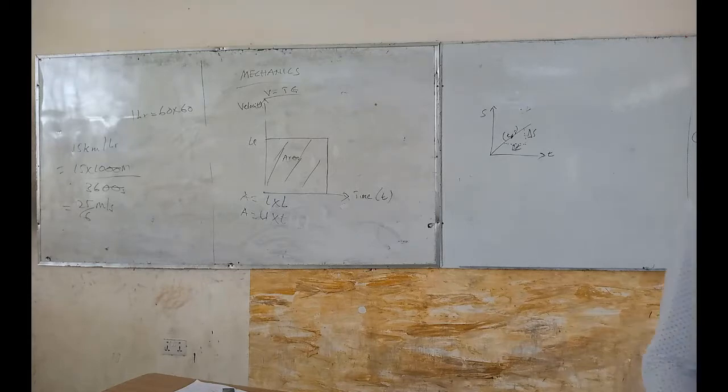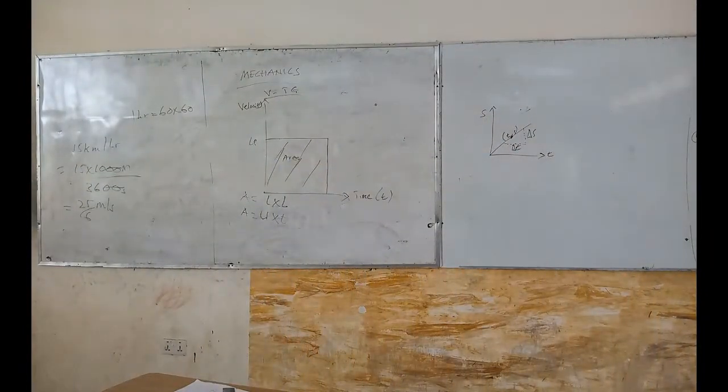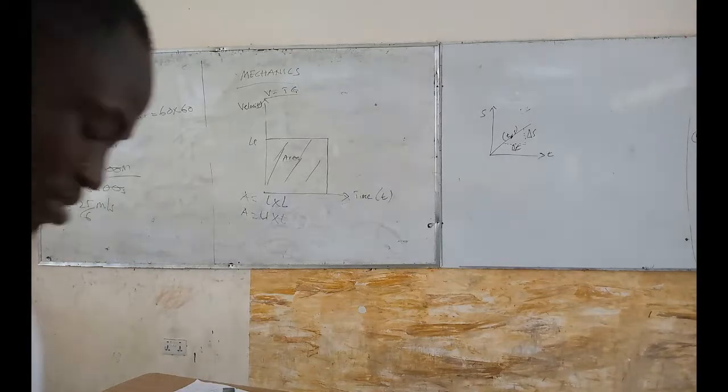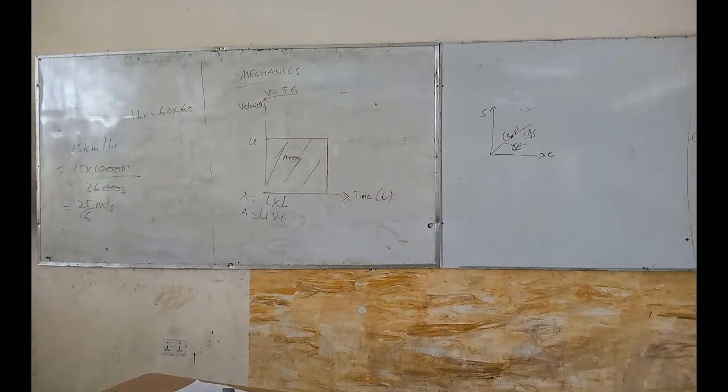And then zero acceleration means constant what? Velocity. Oh, good. You are clever. Keep it up. It means you are very good in mechanics. That's great. Alright. Now let's consider this problem.